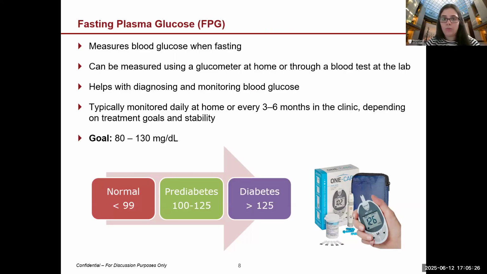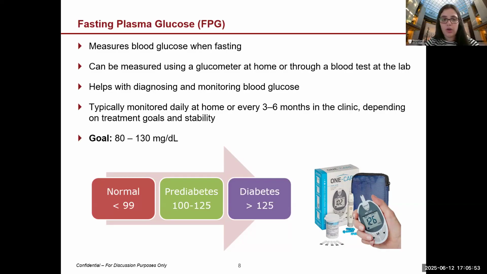It can be checked at home or through a blood test at the lab. Fasting blood glucose will help with the diagnosis and also monitoring of blood glucose over time. It's typically monitored daily at home, or if it's done at the clinic or the lab, it's every 3 to 6 months, usually depending on the treatment goals and the stability of your blood sugar.